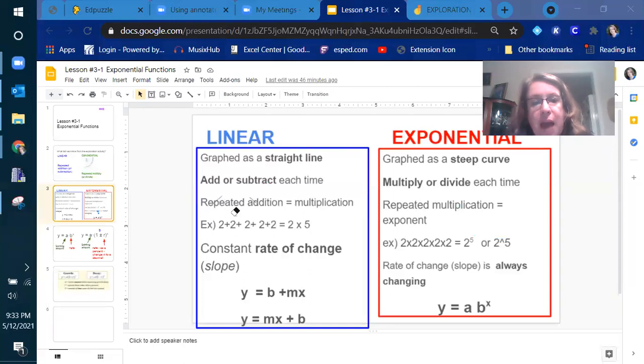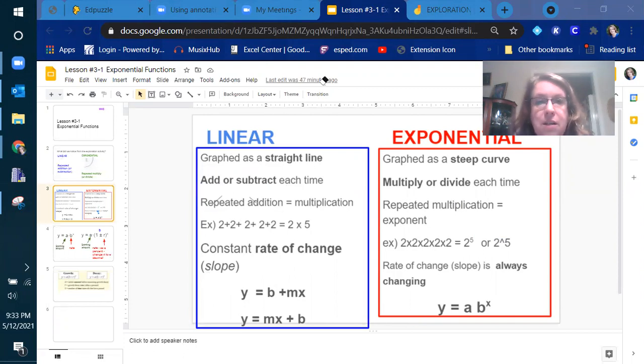And when you add over and over, or subtract over and over, basically you're doing multiplication. Another thing we noticed about that straight line is that the slope or the rate of change was constant. It was always the same.